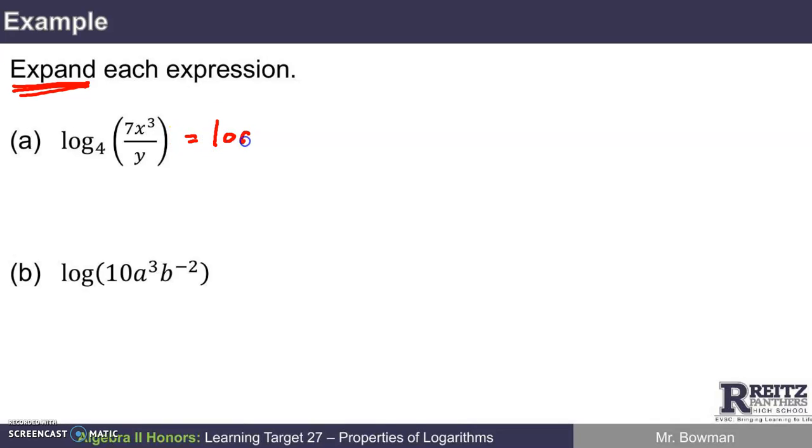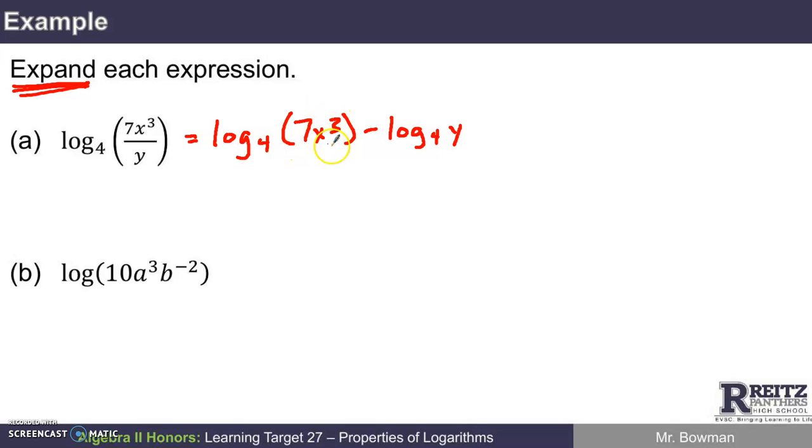What I see here is that I have a quotient of two things, which means I could rewrite that as a subtraction problem. Log base 4 of 7x cubed minus log base 4 of y. That's using that quotient property. Now what I see here, once I've done that, is that I now have a logarithm that has an input that can be written as a product.